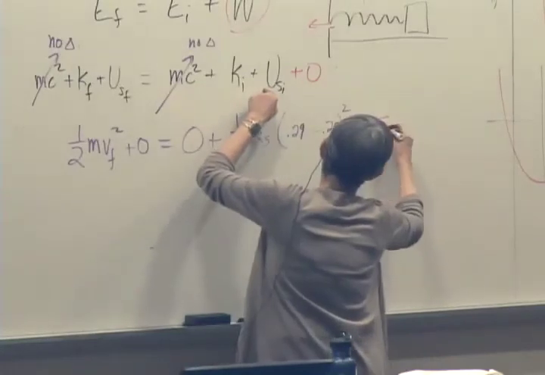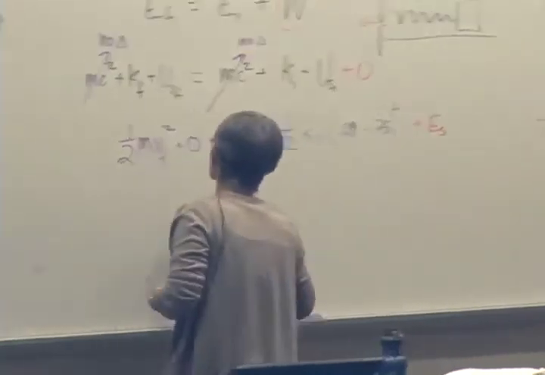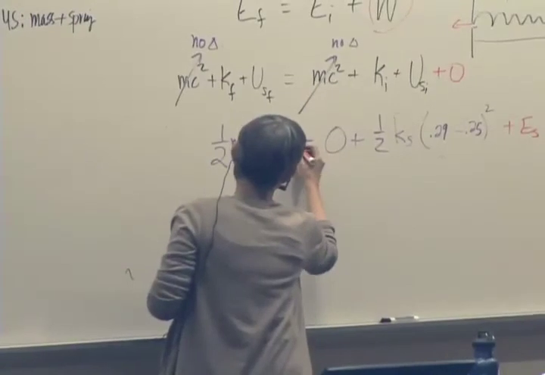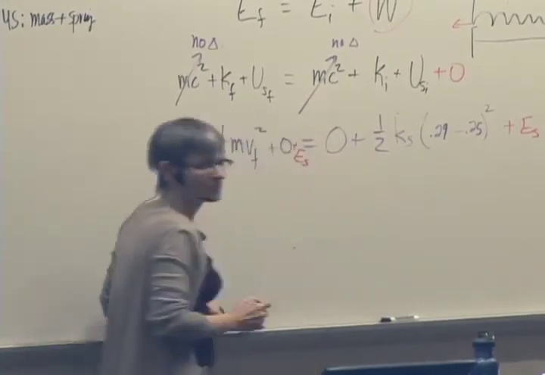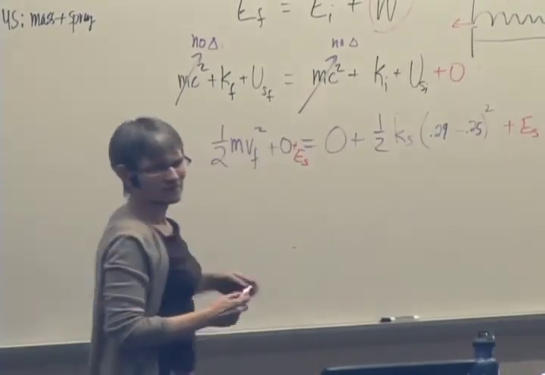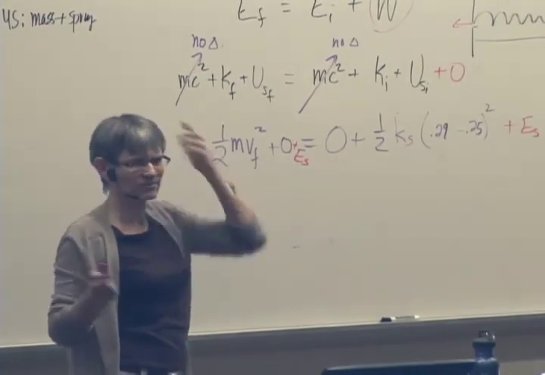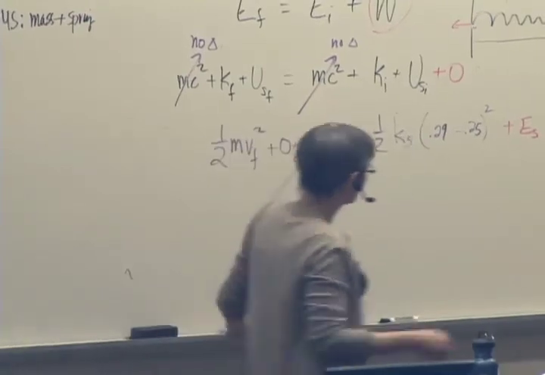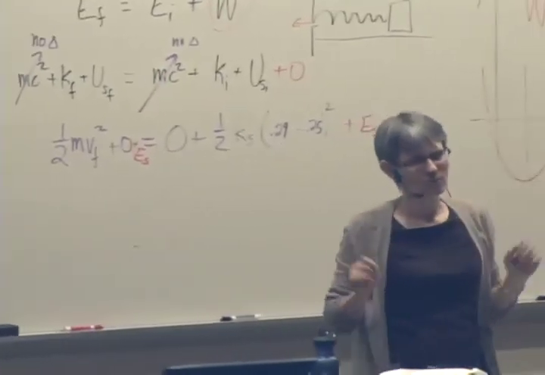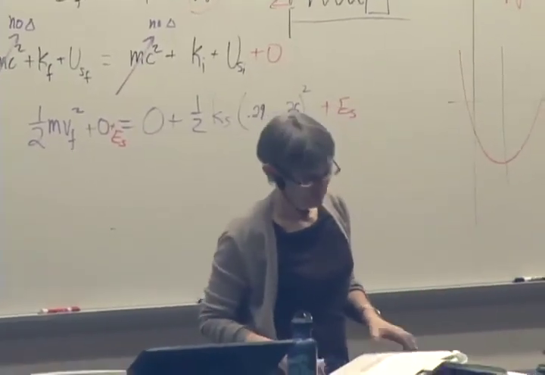So we have this negative constant E sub s here, but notice that we've also got it over here. And so it's the same on both sides, and so we often just omit it. It's okay to write it, but we often omit it.